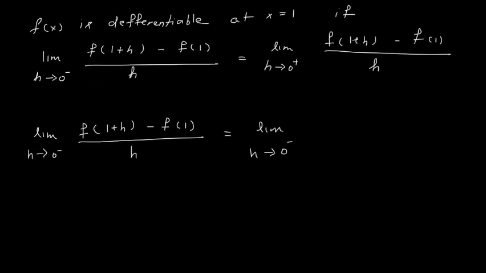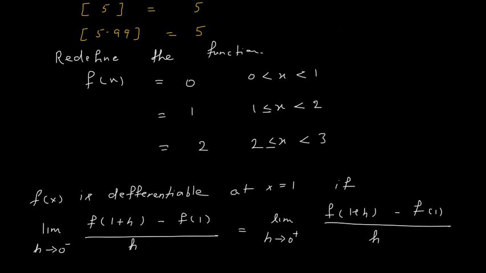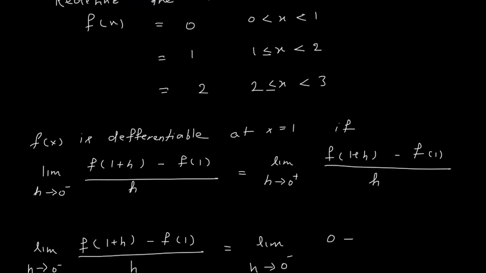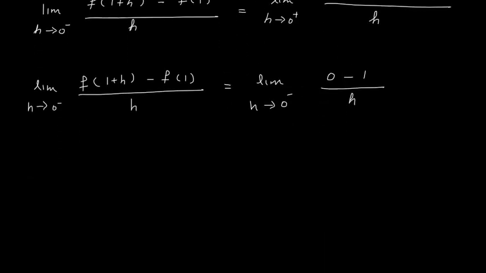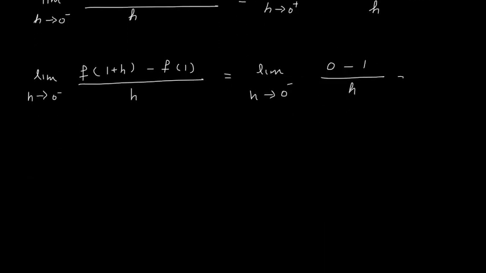So here I will take this as 0 minus f(1). When I put the value 1, f(1) is 1, and the whole is divided by h. So minus 1 upon h, which is not defined, if you see.